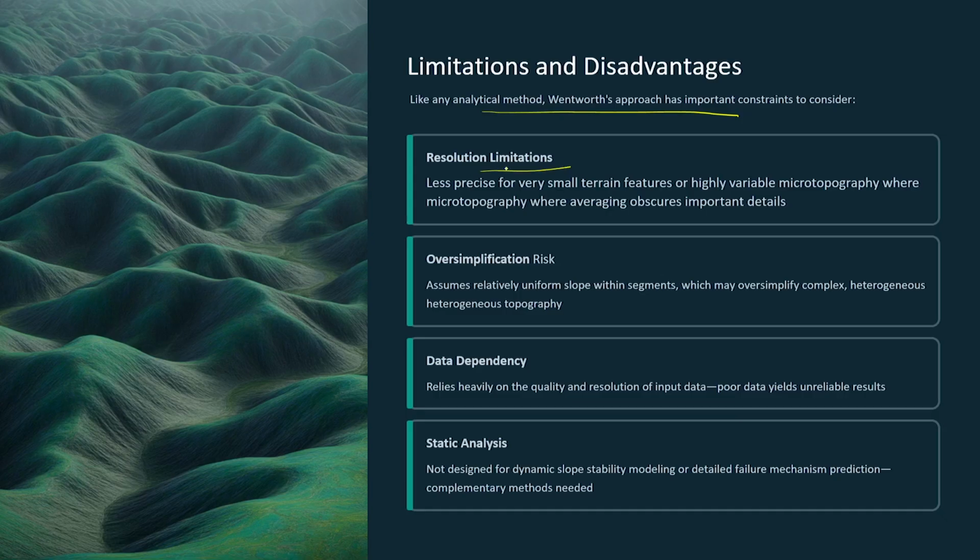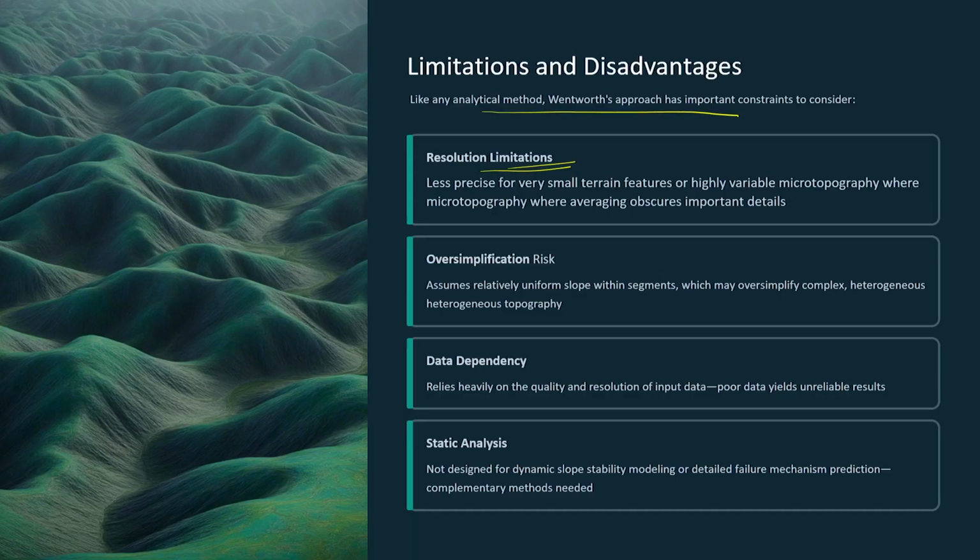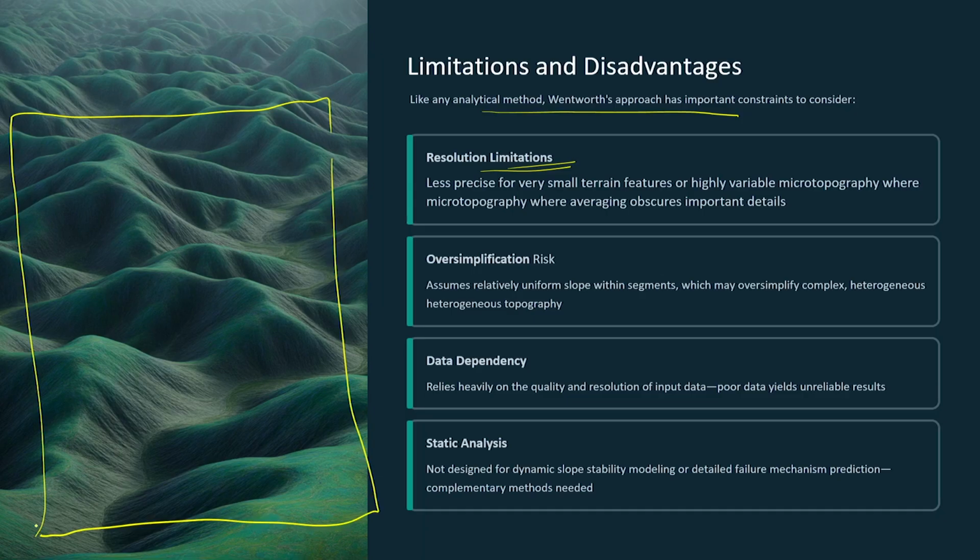One is the limited resolution. Here, the data is less precise for very small terrain. That is, if we are taking the whole of this, for example, consider this is your study area, it might give us better results.